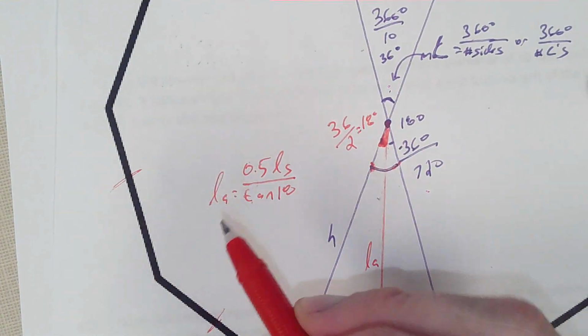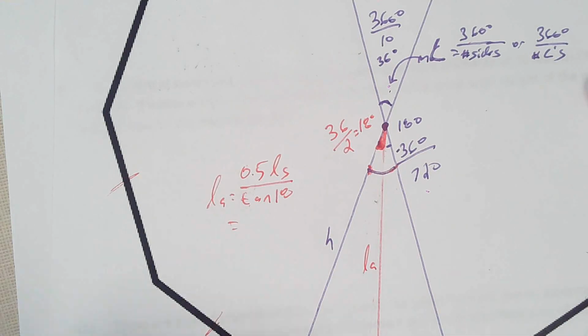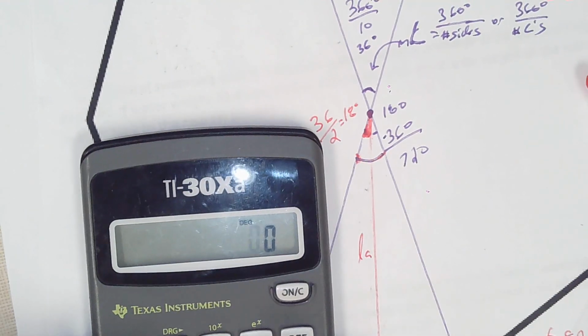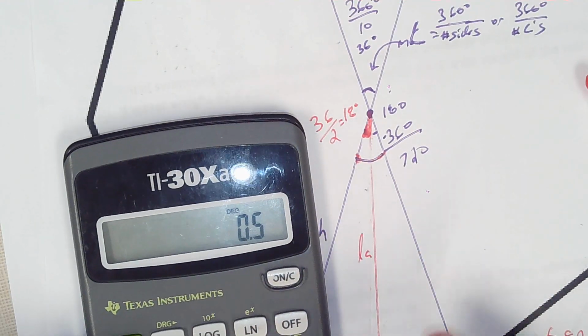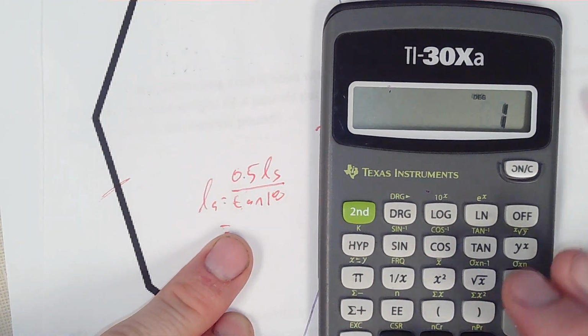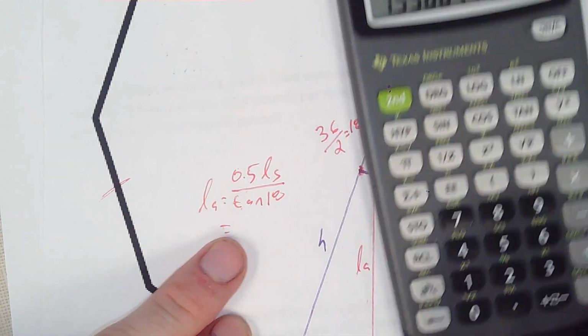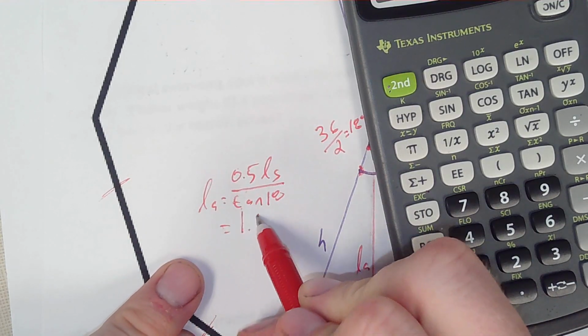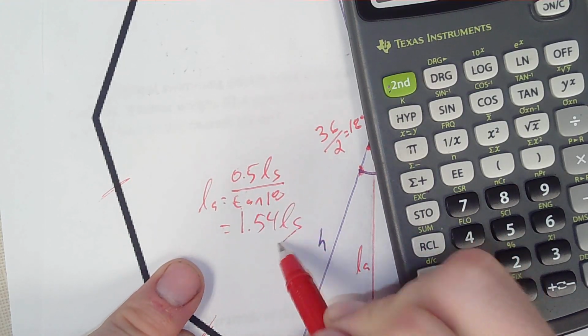So the apothem equals 0.5 divided by the tangent of 18, which is 1.54 times the length of the side.